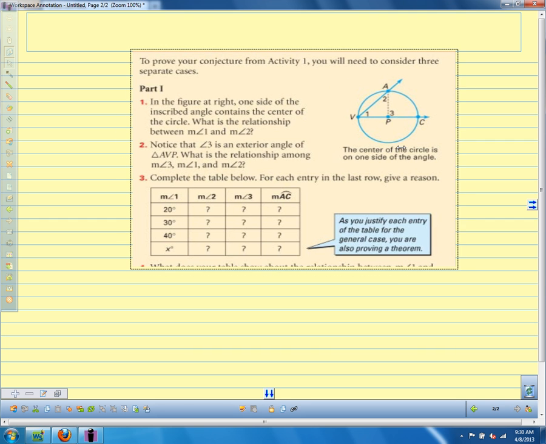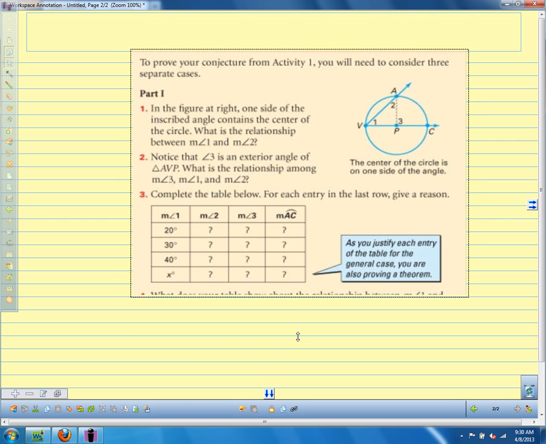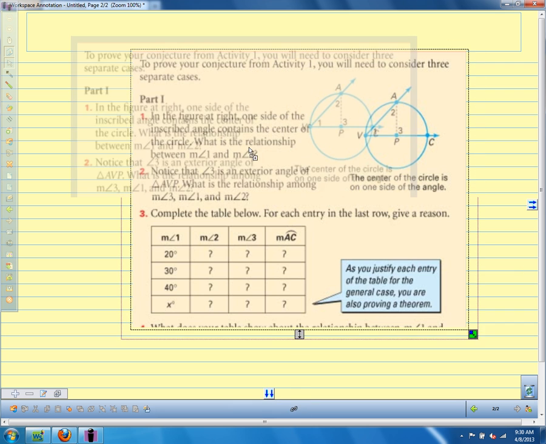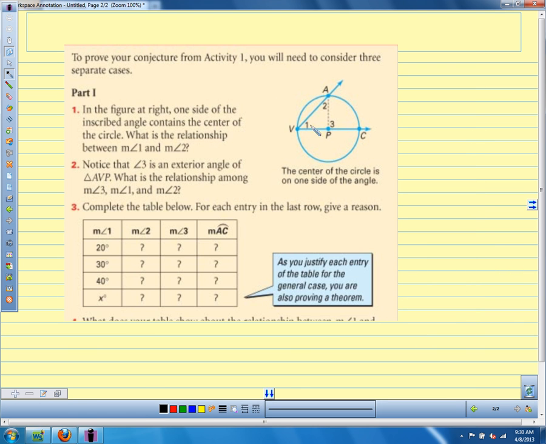So here's our picture. Now, I know in the picture here it looks like this could be a 90-degree angle. That's not necessarily the case. We have our inscribed angle, angle AVC. So there's our inscribed angle. And like we talked about the other day, on our hint, what part of the circle is segment VP?